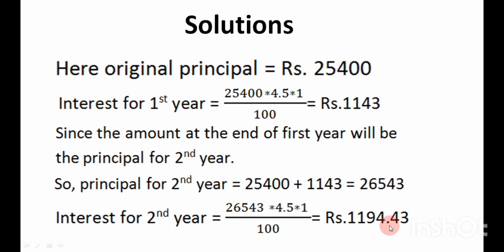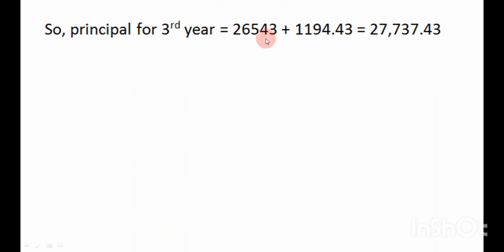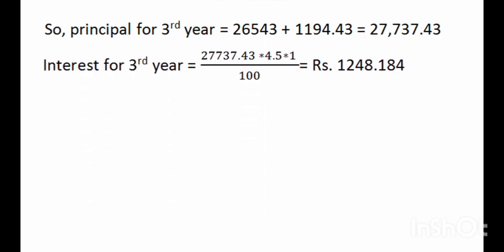Now we have to calculate principal for third year. I hope you all know. Principal for third year is 26,543 plus the interest 1194.43. If you add, you will get an answer 27,737.43. After solving this, we have to calculate interest.